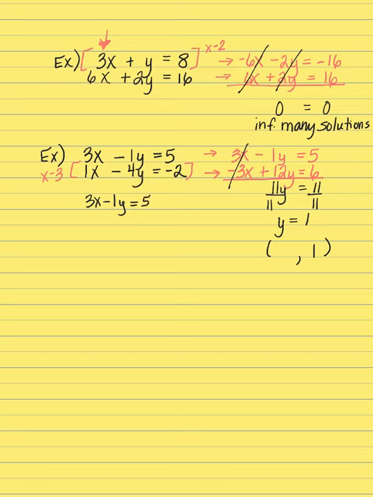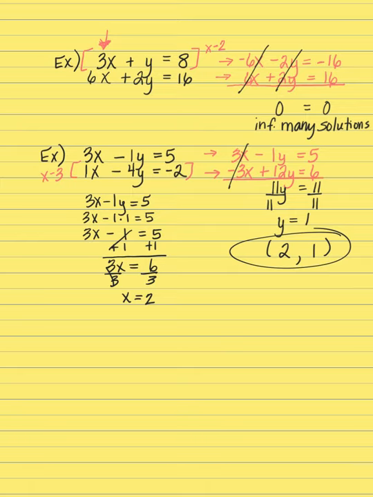Now my y is 1, so I've got 3x minus 1 times 1 equals 5. So that is 3x minus 1 equals 5. Adding 1 to both sides gives you 6 equals 3x, and then dividing by 3 on both sides gives you x equals 2.